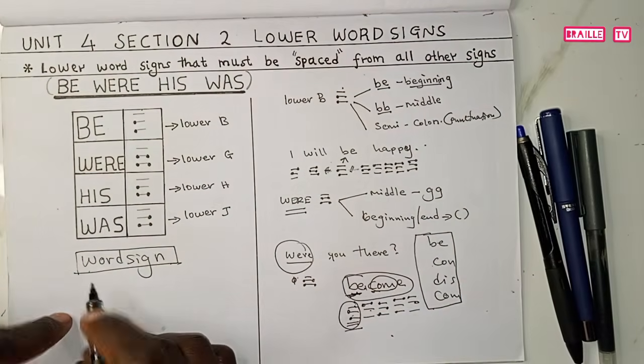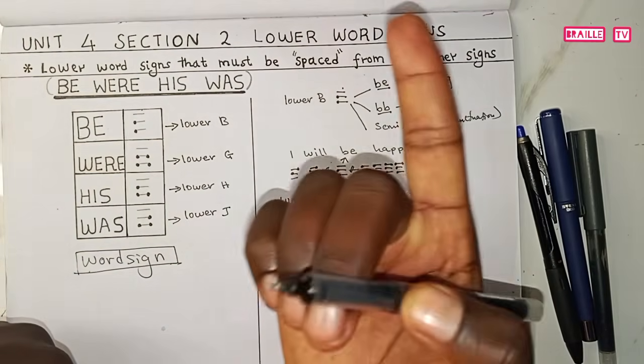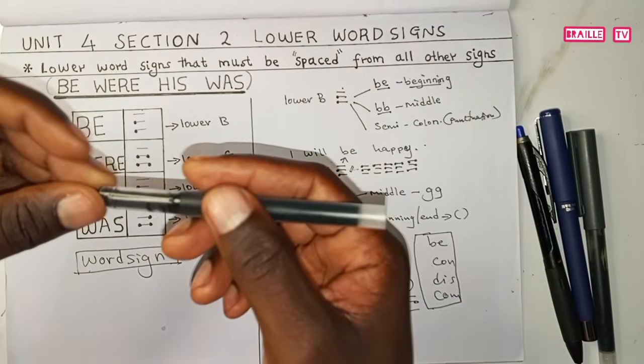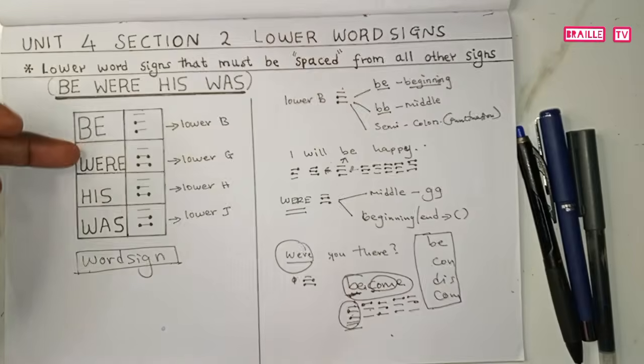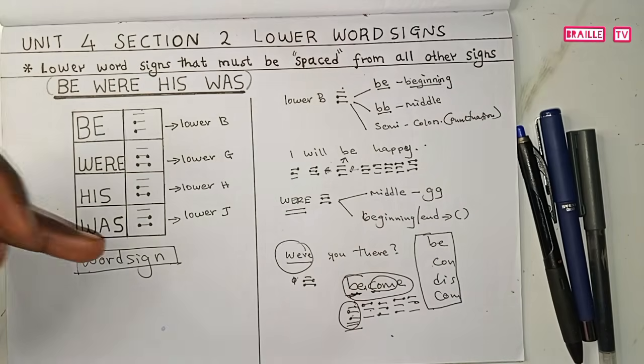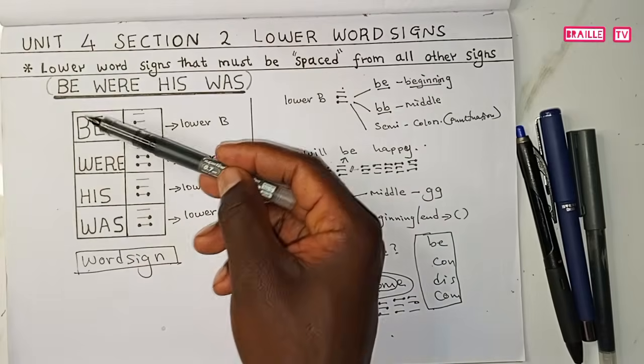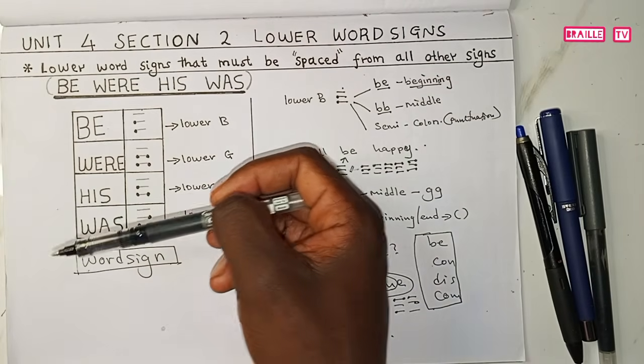But word sign is where a single sign standing alone represents a whole word, as we have seen with be, were, his, was. They are written like this and they represent the word when they are standing alone.